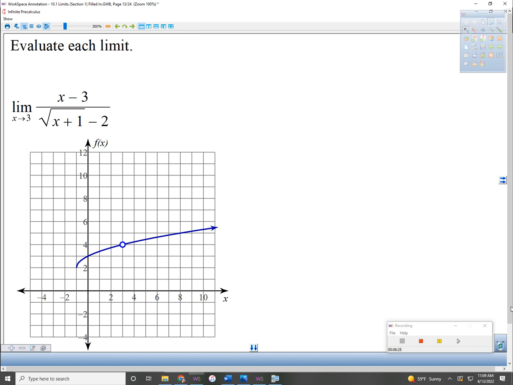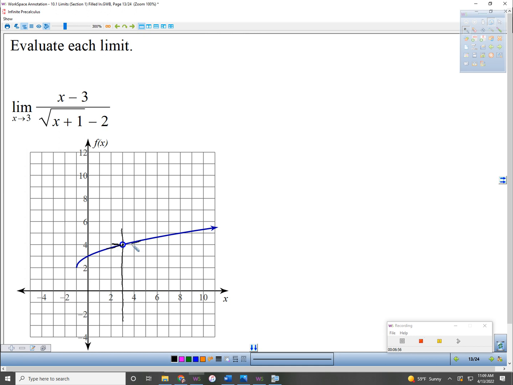All right, so we have some graphs that are already drawn for us, and we're going to come up with the limits on these. So this would be the graph of this right here. And we want to know the limit as x approaches 3. So as I get closer and closer to an x value of 3, they want to know what the y value is. So if I look right here, I'm getting closer and closer to an x value of 3, and it looks like I'm approaching a y value of 4.